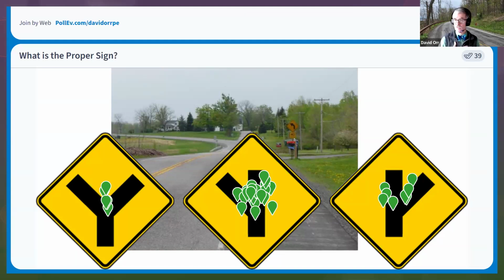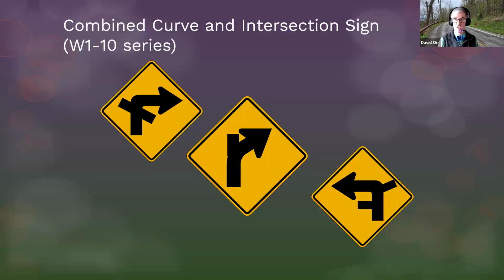So one of my favorite signs, and if you aren't using them, I would put it in your bag of tricks, is the combined curve and intersection sign, the W1-10 series. You can't use this if there's more than two intersecting roads around your curve, but boy, can it make a big difference and improve safety.